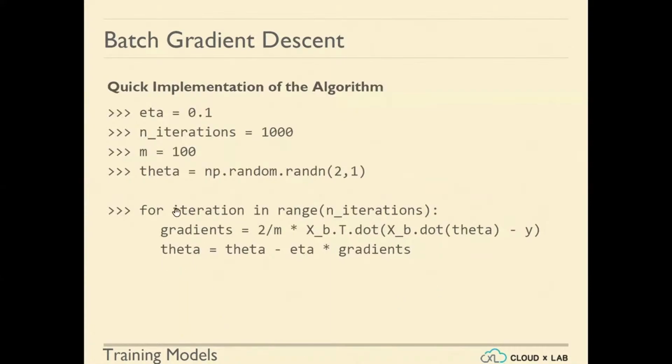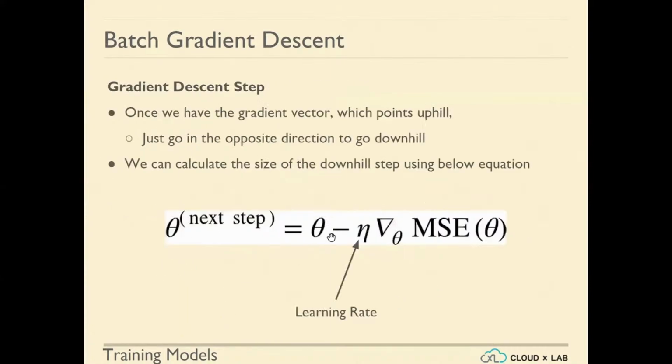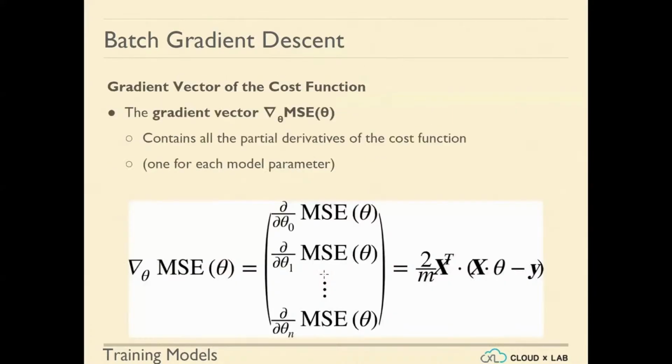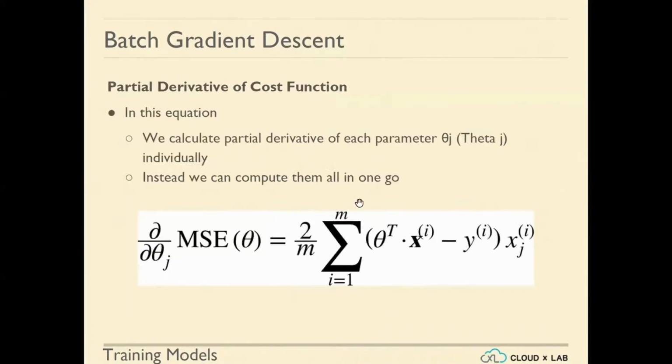And then we will use these equations to update: theta new is equal to theta old minus learning rate times gradient, and the gradient we are calculating using this equation. Since in this case we have two theta values, theta 0 and theta 1, we need to calculate del by del theta 0 and del by del theta 1, right?